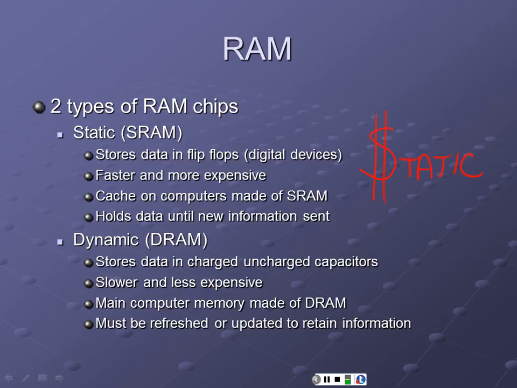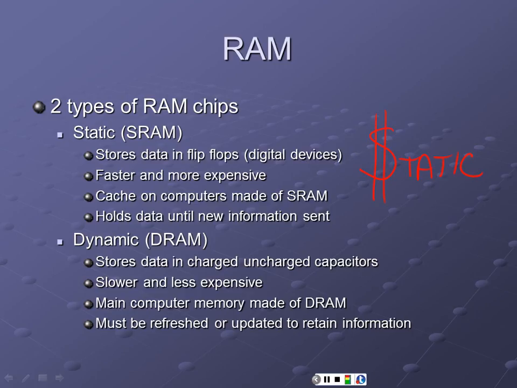So when you go to the store and you buy memory for your computer, guess which one you're buying? The dynamic. You're buying the slow stuff. But I can assure you, if you bought that much memory of the static, you couldn't afford it. It is a whole lot more expensive.